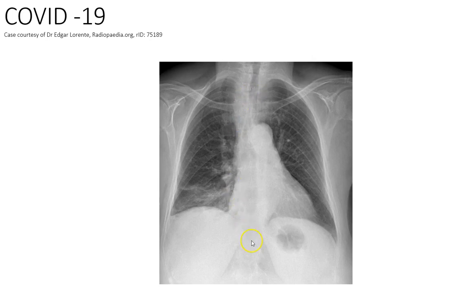I suspect it might be an AP, just on the basis that this patient's likely to have been breathless, and also on the basis of the size of the heart. The next thing I'm looking at is the trachea. It's nice and straight and central down to the bifurcation to the two main bronchi.